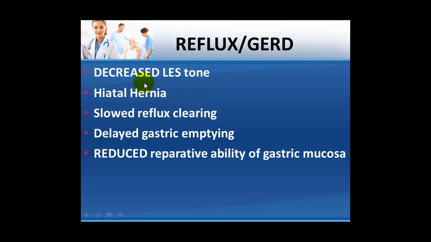So in case there is a decreased LES tone, the gastric contents will definitely move into the lower part of the esophagus, or the distal part of the esophagus, and will lead to inflammatory changes. People who have hiatal hernia, in which part of the stomach is above the diaphragm, will also have reflux esophagitis. They may also suffer from reflux.